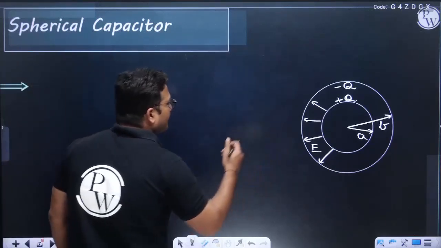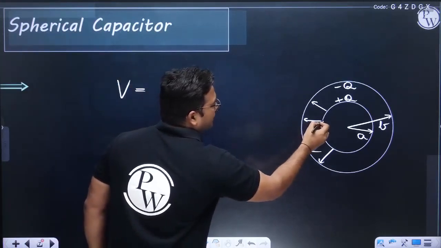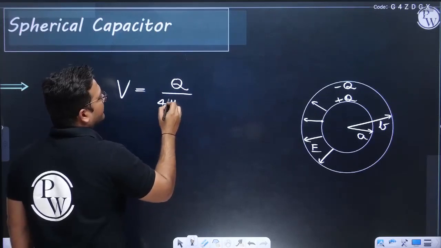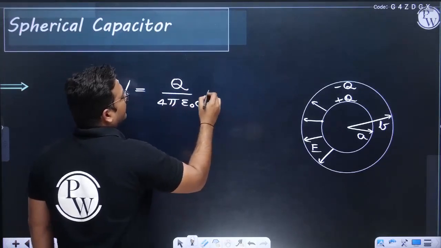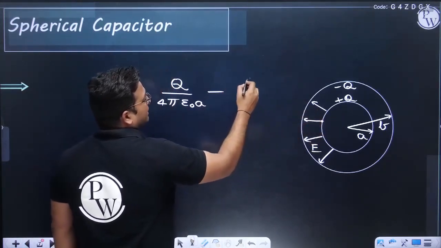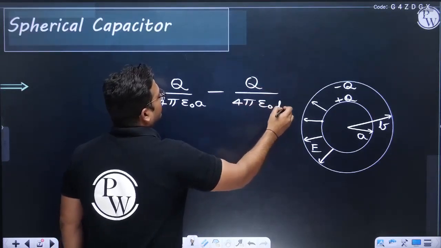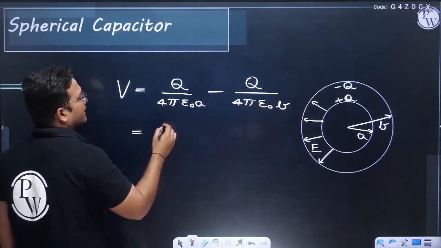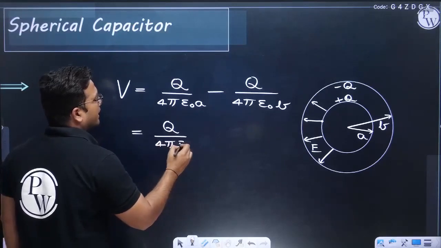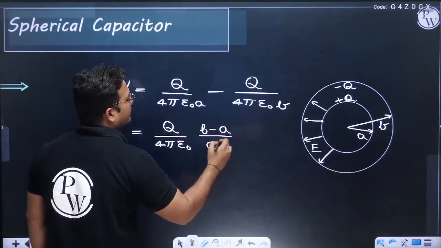So because of the inner charge, the potential of the inner shell would be Q divided by 4 pi epsilon naught A, minus the potential of the outer shell, again because of the inner charge, which would be Q divided by 4 pi epsilon naught B. Let's take Q divided by 4 pi epsilon naught common, and you will have (B minus A) upon AB.